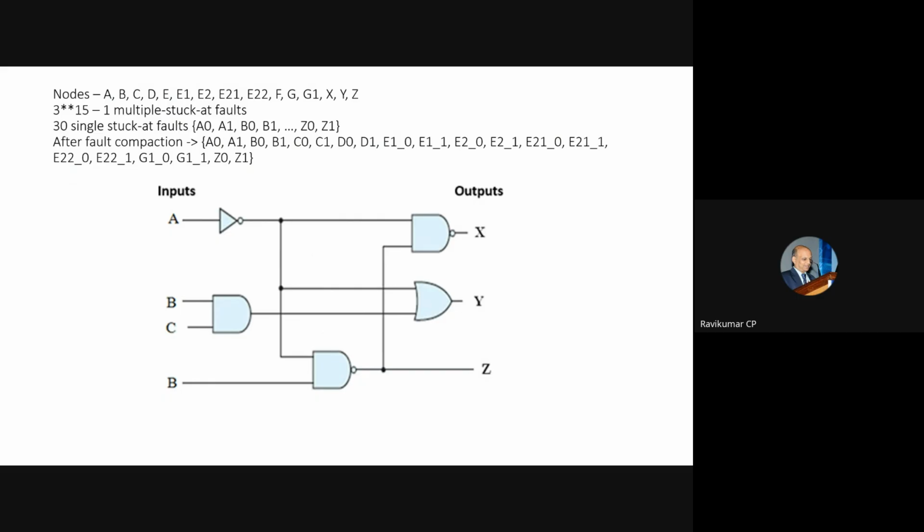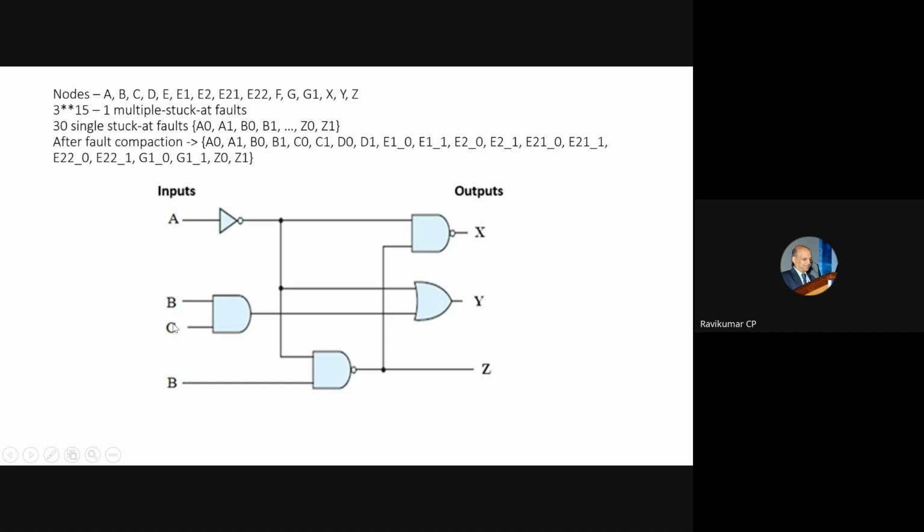We may be able to even reduce a little bit more. So for example, B0 and C0, what are they? They are inputs of the AND gate. B0 is a stuck at zero fault at the AND gate input, and C0 is a stuck at zero at the AND gate input. See, we cannot distinguish between them.